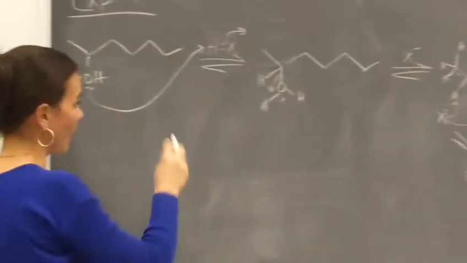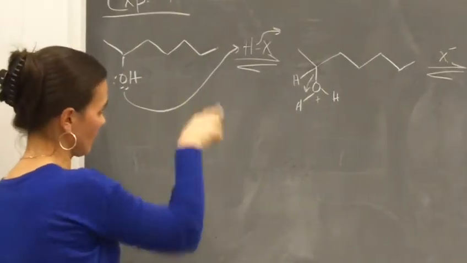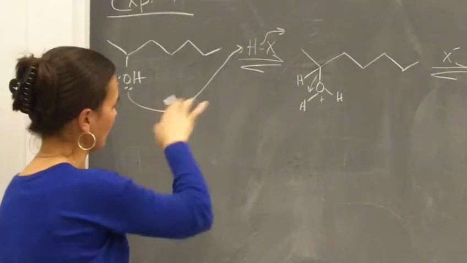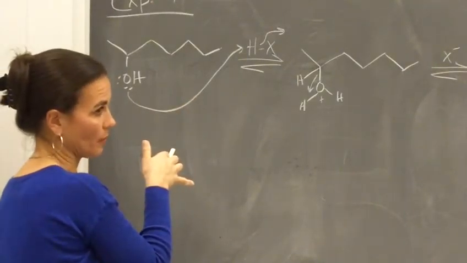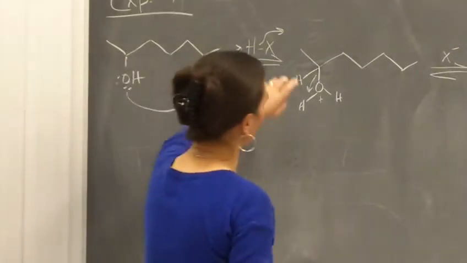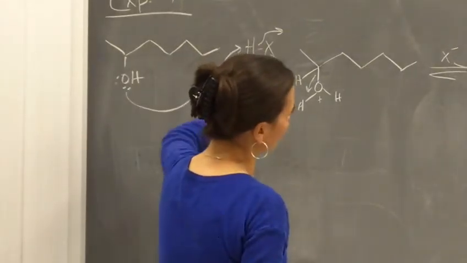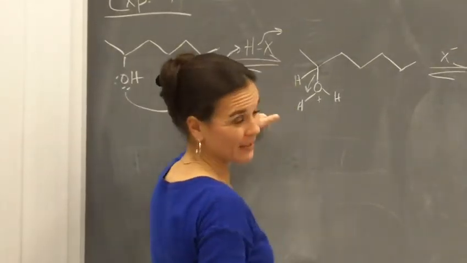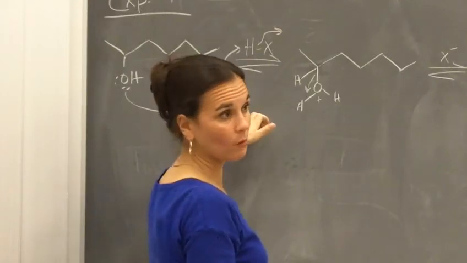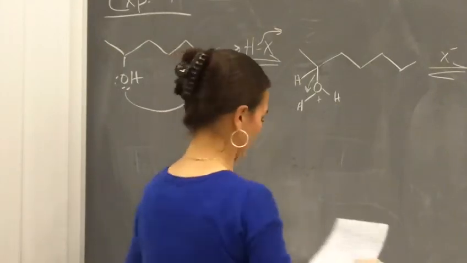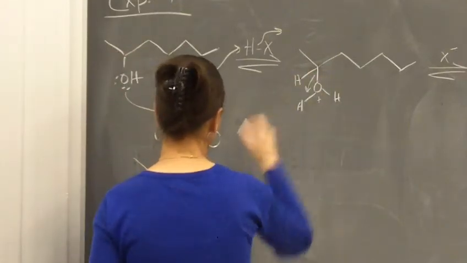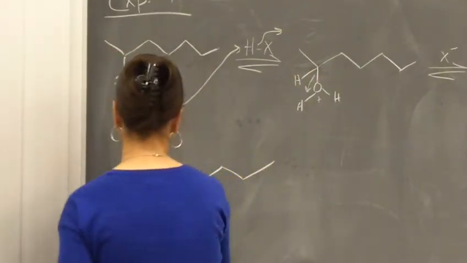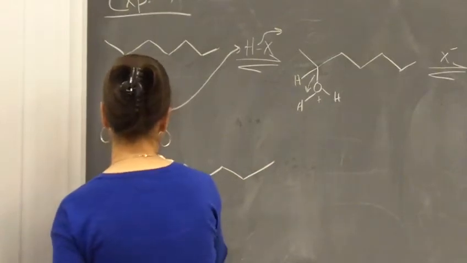Now, another thing that can happen with the E1 mechanism is we could have a hydride shift too, okay? And so we could always move a hydride to make an at least equally stable carbocation or a more stable carbocation. So if you look at what's going on here, we've got this carbocation.